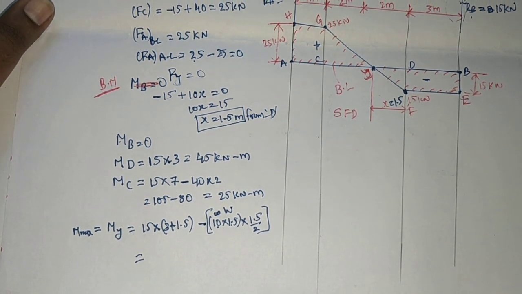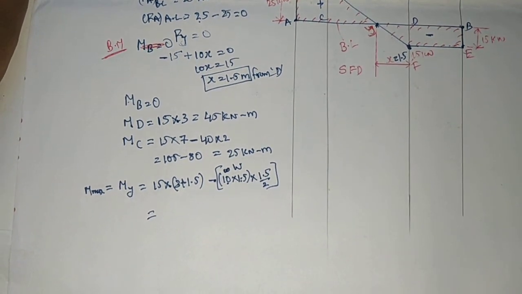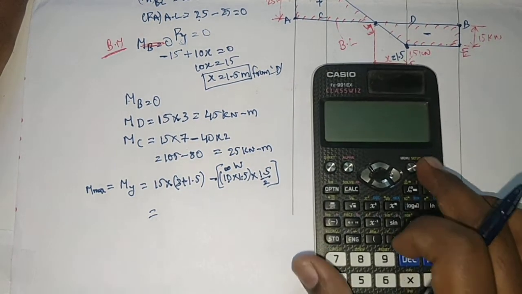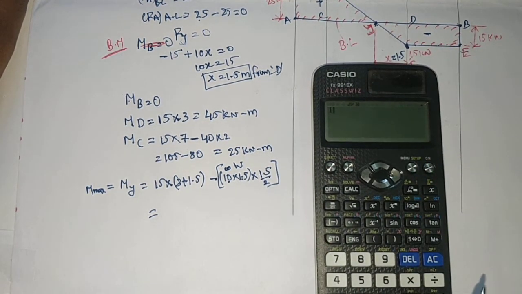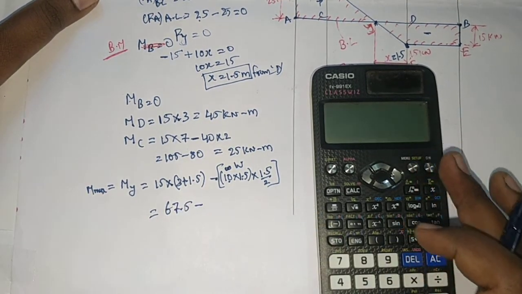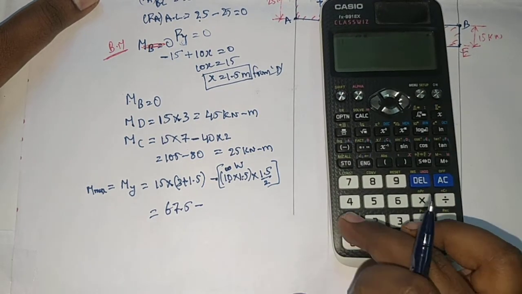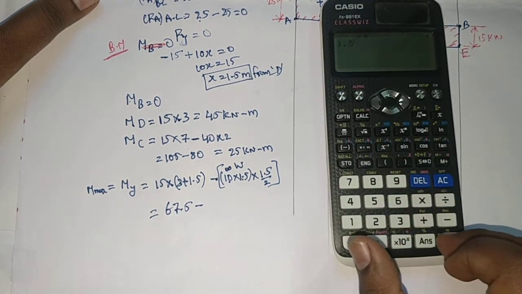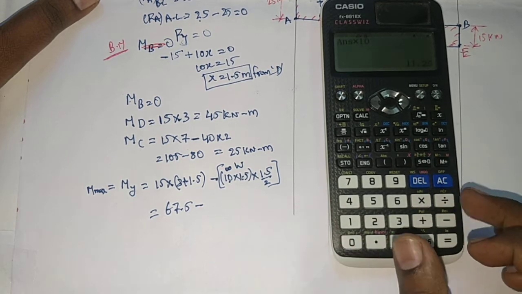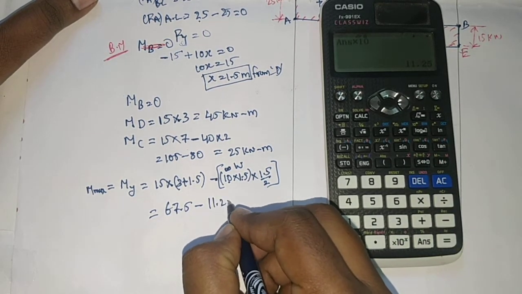Simplifying this equation, we will get the maximum value of bending moment. First I am simplifying 15 into 4.5, that is 67.5, minus 1.5 square divided by 2 into 10, that equals 11.25.